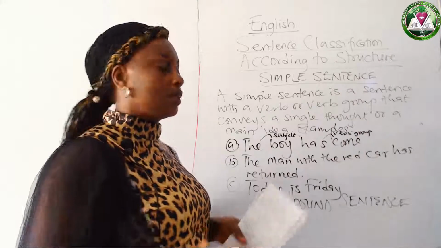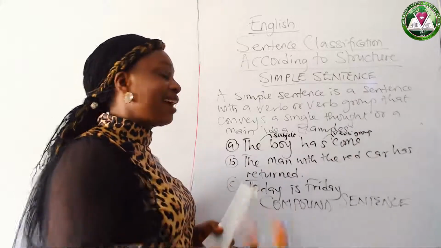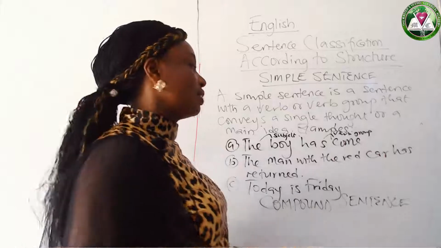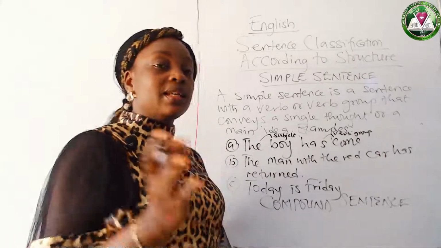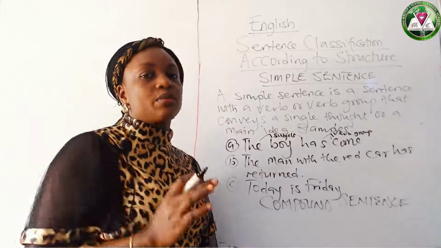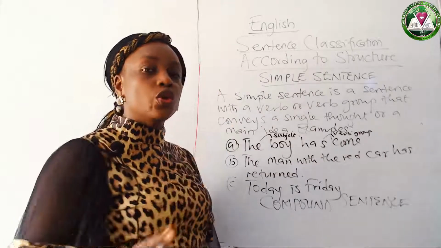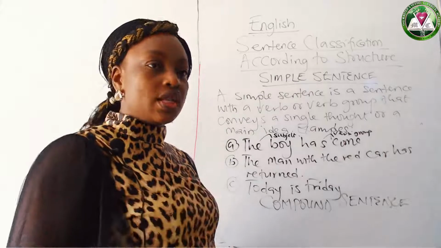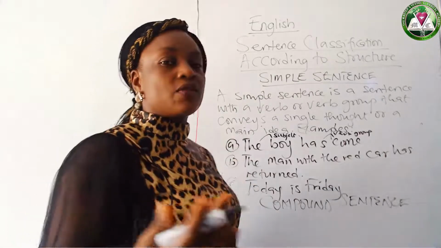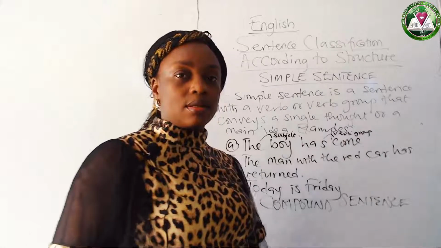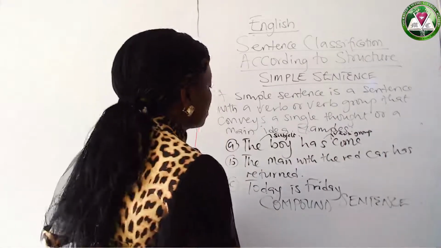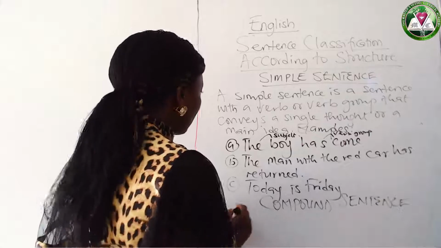When we bring 2 simple sentences together. Okay, that's 2 ideas together in a sentence. Usually joined together by coordinating conjunctions. I know you must have been taught conjunction, so you should be able to know what a coordinating conjunction is. Examples of coordinating conjunctions we have or, and, but, for, so.